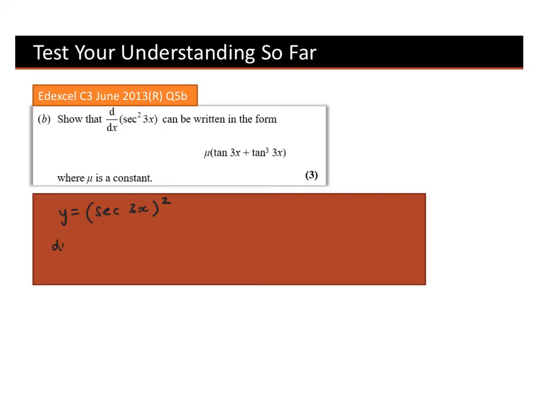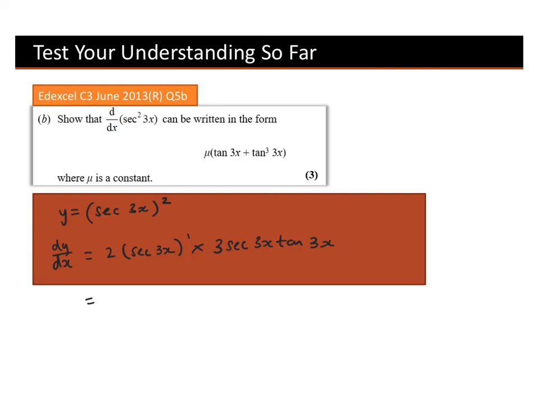So if we differentiate this, we differentiate the bracket: something squared becomes 2 something to the power of 1, so sec 3x multiplied by the differential of sec 3x. The differential of sec 3x is sec 3x tan 3x, and then we're going to multiply by the differential of the bracket, which is 3. It's like a double chain rule.